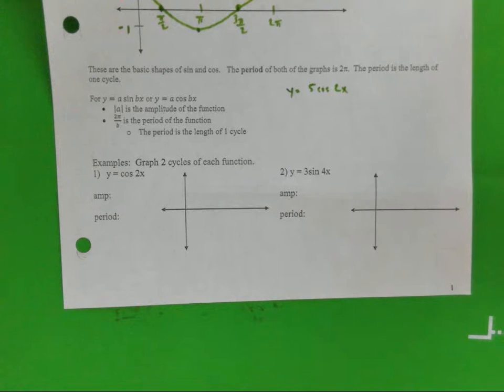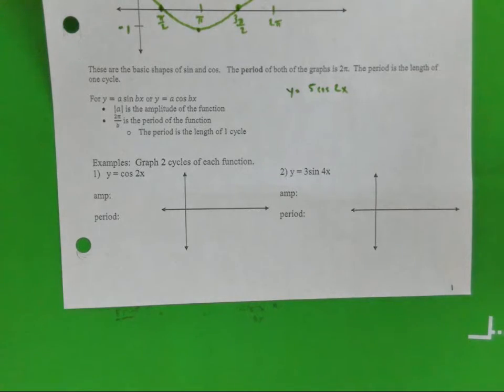Amplitude is always the A value. The A value is in front of the cosine or sine, okay? And you take the absolute value of the A. What's the absolute value of 5? That's your amplitude. That means you would have 5 up here and what down here? Negative 5. Do you understand what I'm saying? That's your amplitude.